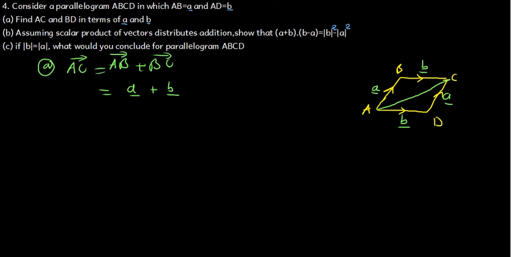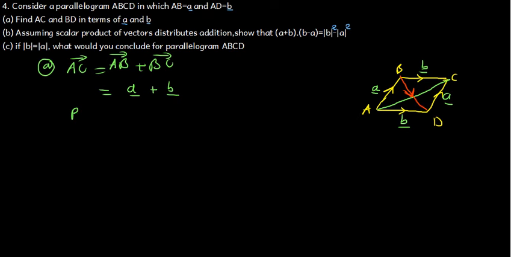Now also if we want to find BD, BD, that is the vector in that direction. Now how can we move from B to D? We can either take this, we first move from B to A, and then from A to D, or from B to C and then from C to D. Any of those two routes are going to lead us.